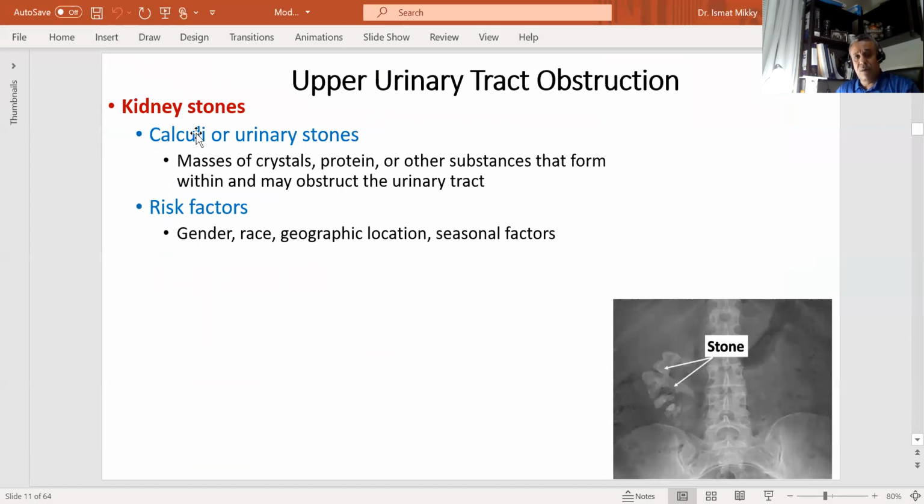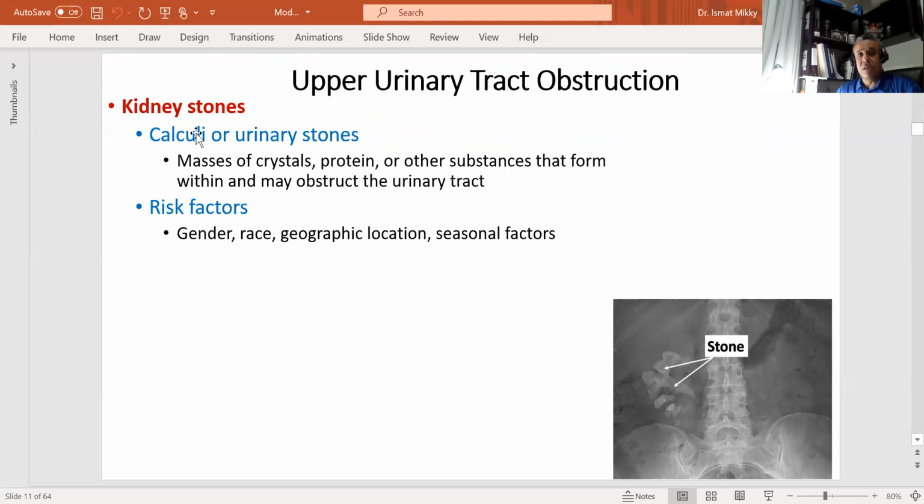The other cause of obstruction is kidney stones, or what is called urolithiasis.